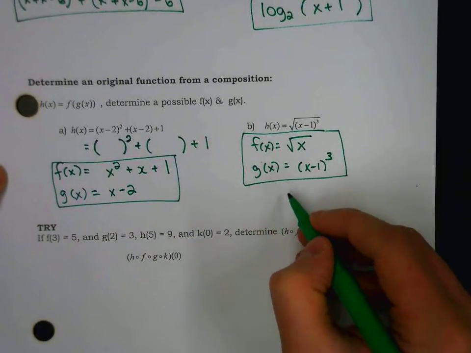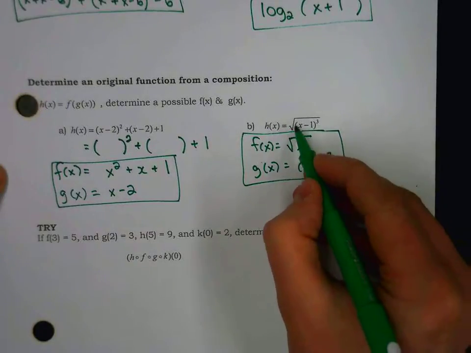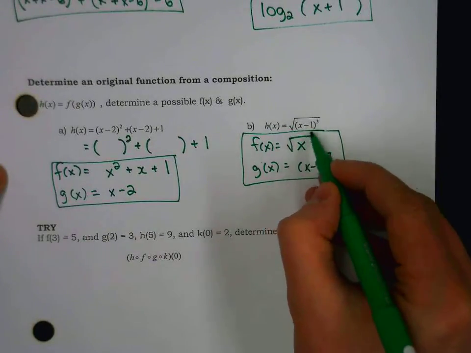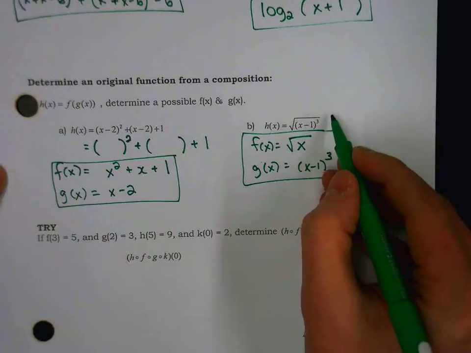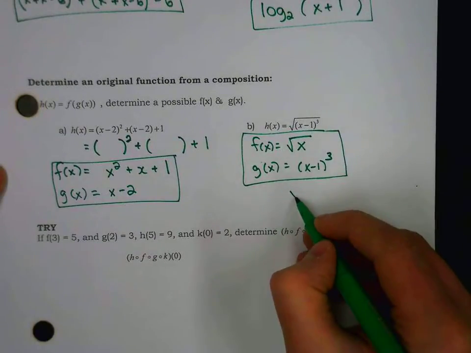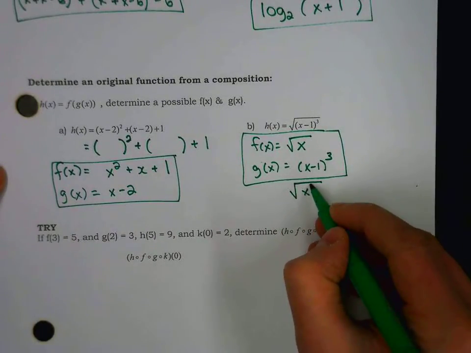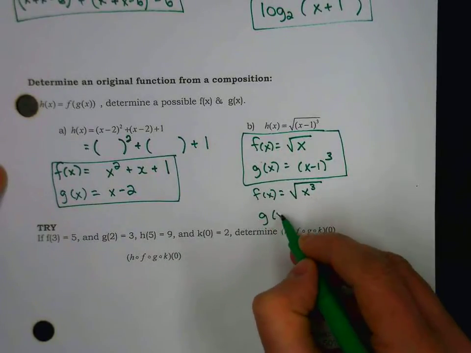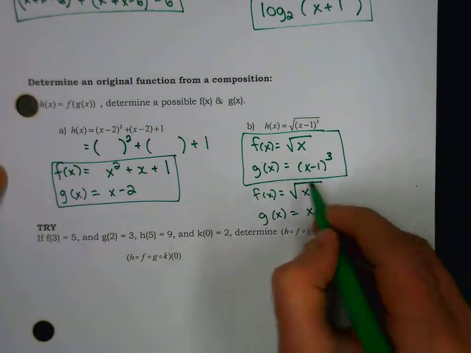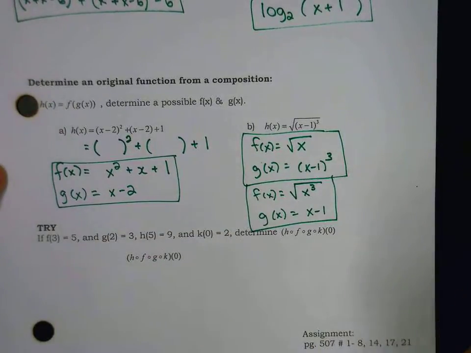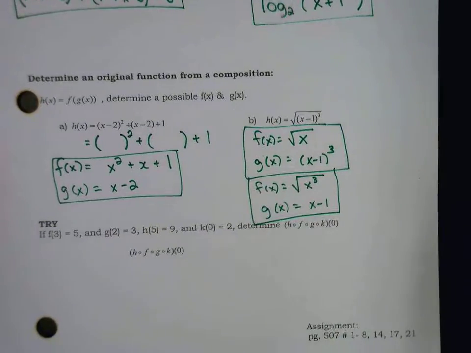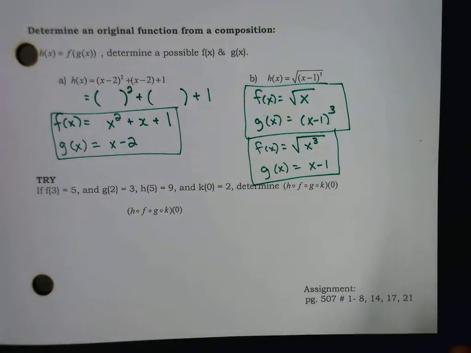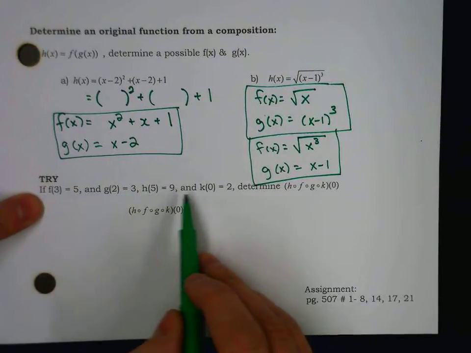Other people might say, well, what if x minus 1 was your input into the square root of x cubed? The square root of x cubed could be your original function, and maybe a simpler x minus 1 were plugged in. In this case, there are multiple options, and there are multiple more, but there is not one answer to this question. And lastly, at the very bottom, we have a couple statements.